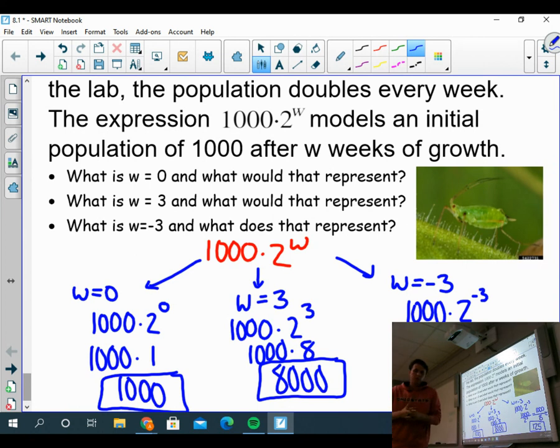Okay? Again, it can get a little fuzzy with the interpretation there, but we'll assume that we've been doubling in the lab for a while. At this moment, we have 1,000. And so based on our measurements, if we've been doubling for a while, and at this moment we had 1,000, that would mean 3 weeks ago, 3 weeks prior, we would have only had 125. 3 weeks from now, we will have 8,000, and at the current moment, we have 1,000.